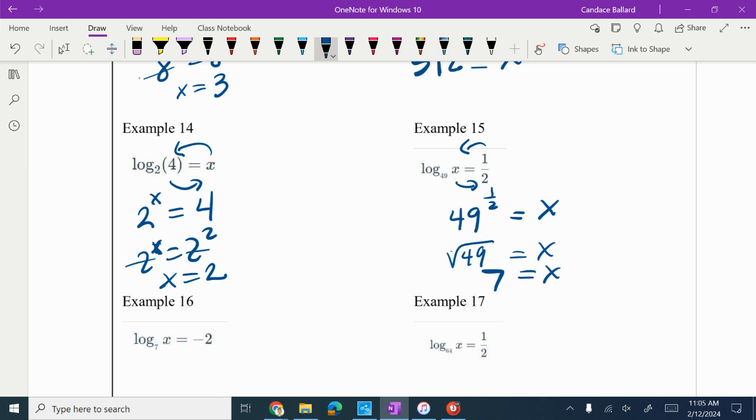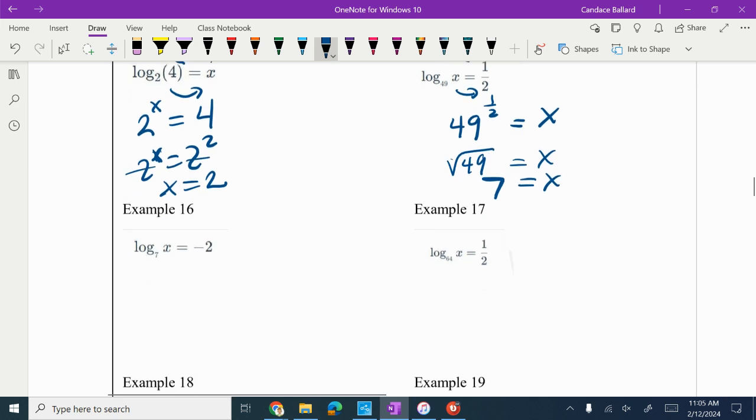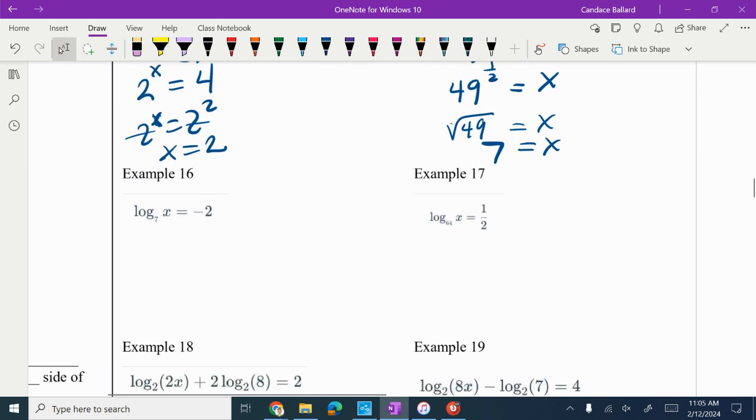Okay, let's take a look at 16. Okay, so again, one log on one side. All right, so what is my base? 7. I'm going to do the loop. What's my new exponent? -2 equals X. All right. X, what do I not like about that exponent?